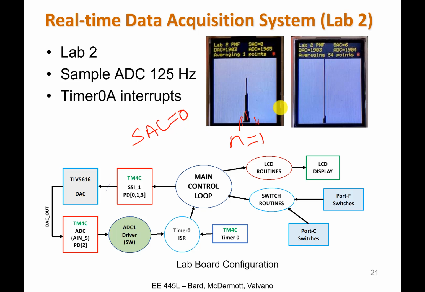This has a very large standard deviation and is not Gaussian. Whereas at n equals 64, basically all of my points are exactly the same. Now the cost of averaging is power and time.